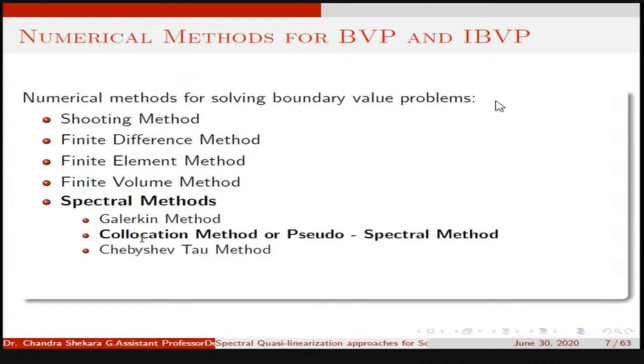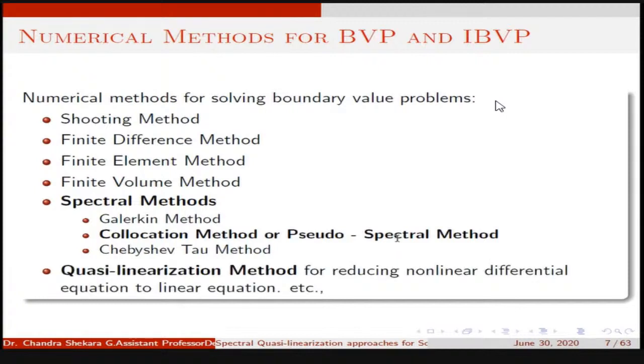I'll explain in detail the spectral collocation method or pseudo spectral method in this talk. There exist the Chebyshev method and the Chebyshev tau method also. Then, to tackle nonlinear differential equations there are several methods, but I'm going to explain how to use the quasilinearization method to reduce the nonlinear differential equations into linear differential equations.